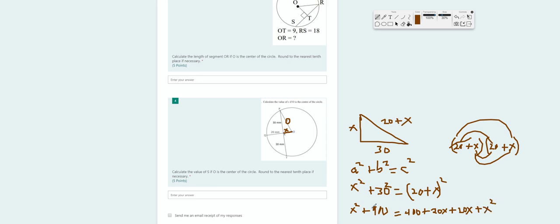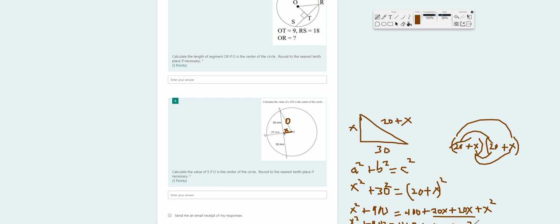So now we have X squared plus 900 equal to 400, and I'm going to combine the 20X plus 20X, which is equal to 40X, and then plus X squared.